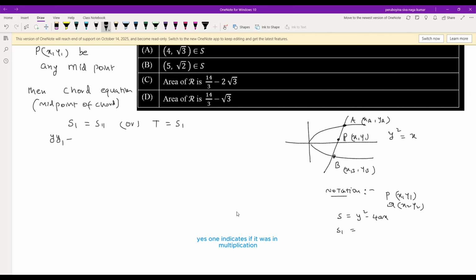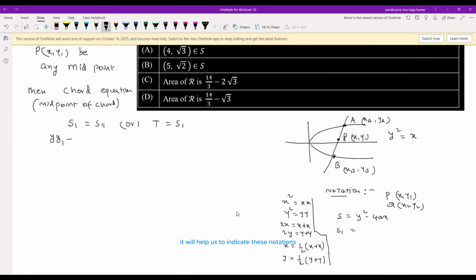For S1, if it was a multiplication, for example x square, you can write x into x. If it is y square, you can write y into y. If it is 2x, then you can write x plus x. If it is 2y, you can write y plus y. If it is x, you have to write 1/2 of x plus x. And y is also represented by 1/2 of y plus y. So these will help us to indicate the notations.